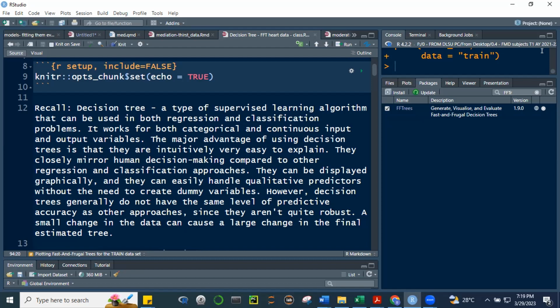Okay, so si supervised, as far as classification and regression is concerned, it works for both categorical and continuous input and output variables. Okay, ang kagandahan ng decision tree, simple siya and very intuitive, very easy to explain.